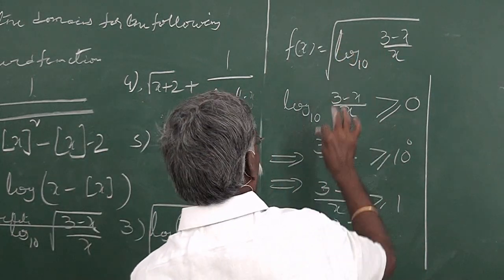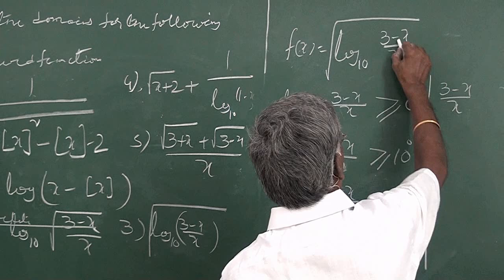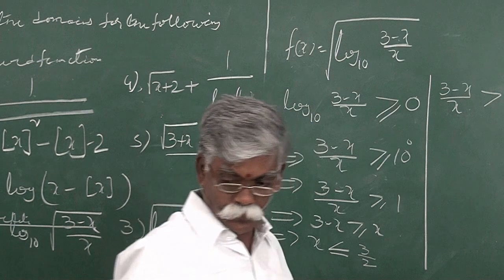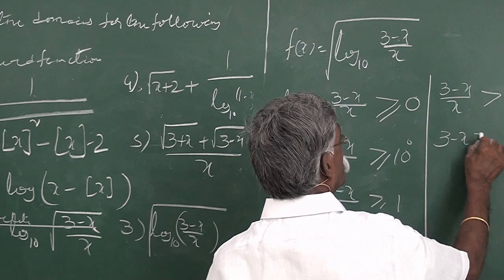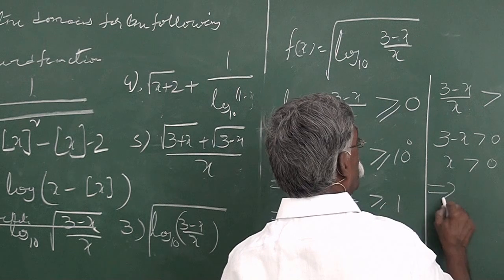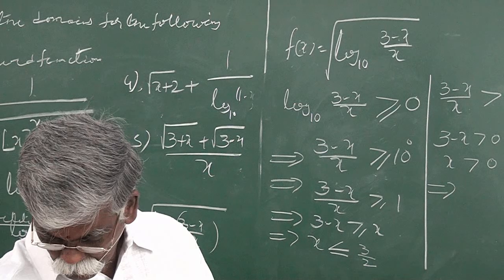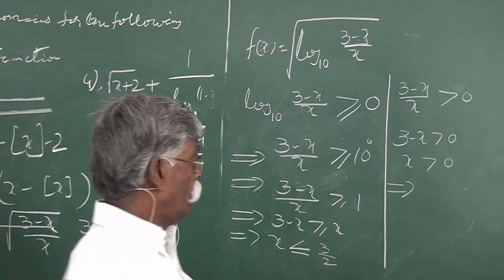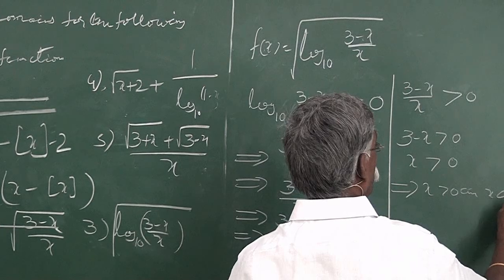This is according to the square root. Now, (3 minus x) by x, it is within the logarithm, therefore, it should be greater than 0. For this, 3 minus x is greater than 0 and x is greater than 0. This implies x is greater than 0 and x is less than 3.